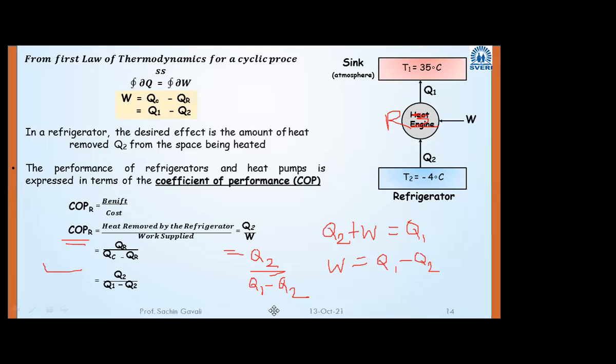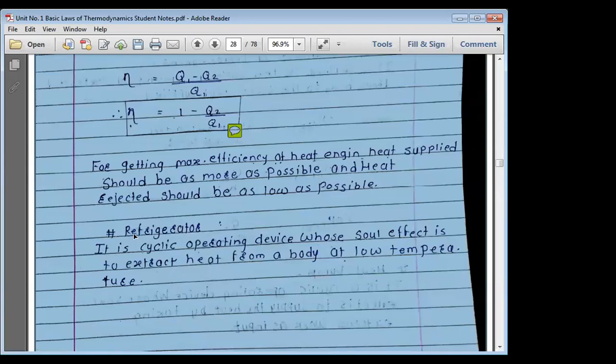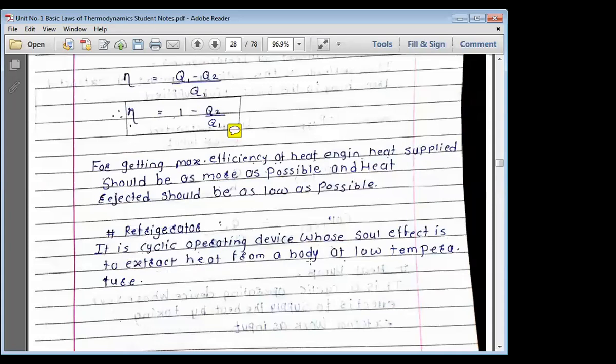We'll go for the class notes. Refrigerator. It is a cyclic operating device whose sole effect is to extract heat from a body at low temperature.